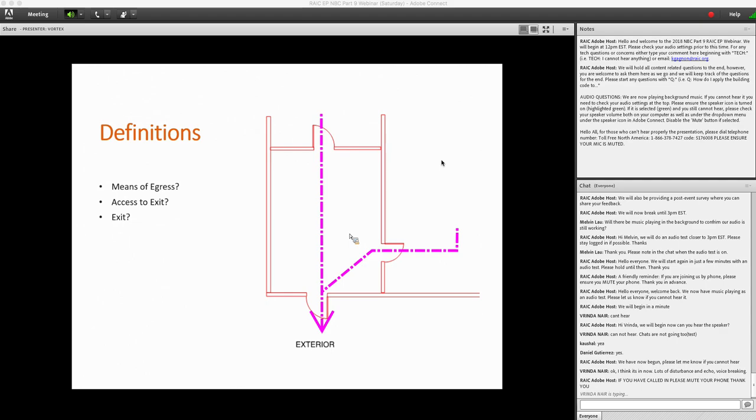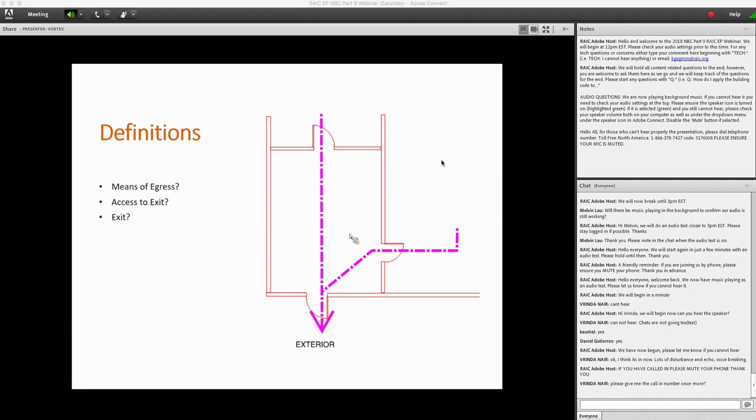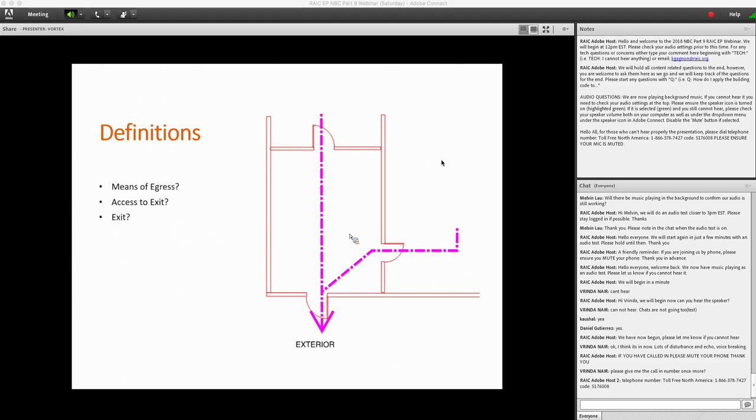To better understand the requirements under section 9.9, we want to first familiarize ourselves with some definitions in the code. We will look at the terms such as means of egress, access to exit, and then exit. These are three defined terms in the code, and they tend to be confusing sometimes.